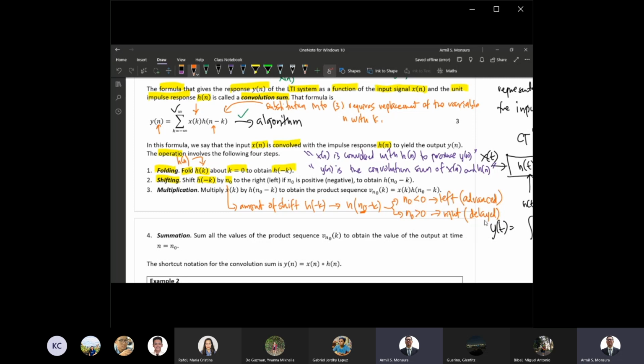So remember that when the amount of n0 is positive, we shift the signal to the right, while if it is negative, we shift it to the left.